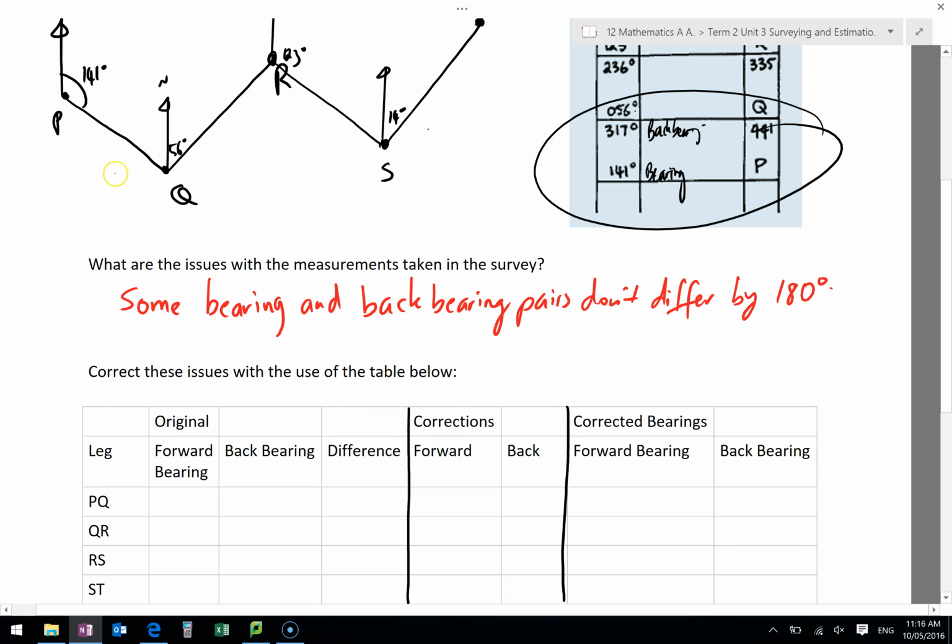For the leg from P to Q, the forward bearing was 141 degrees, the back bearing was 317 degrees, and the difference between them was 176. I'll do the same thing for the others. From Q to R, 056, 236. The difference was 180. I'll just finish these other ones.